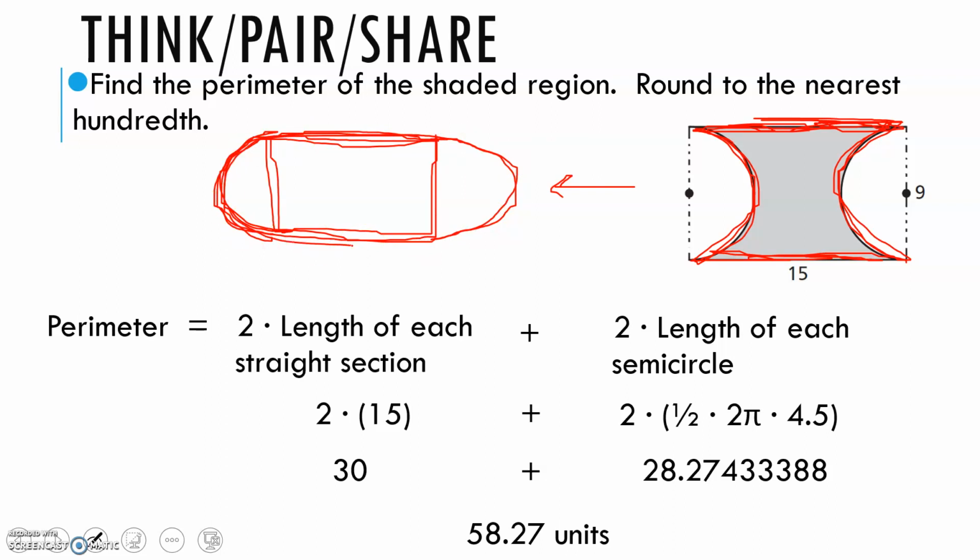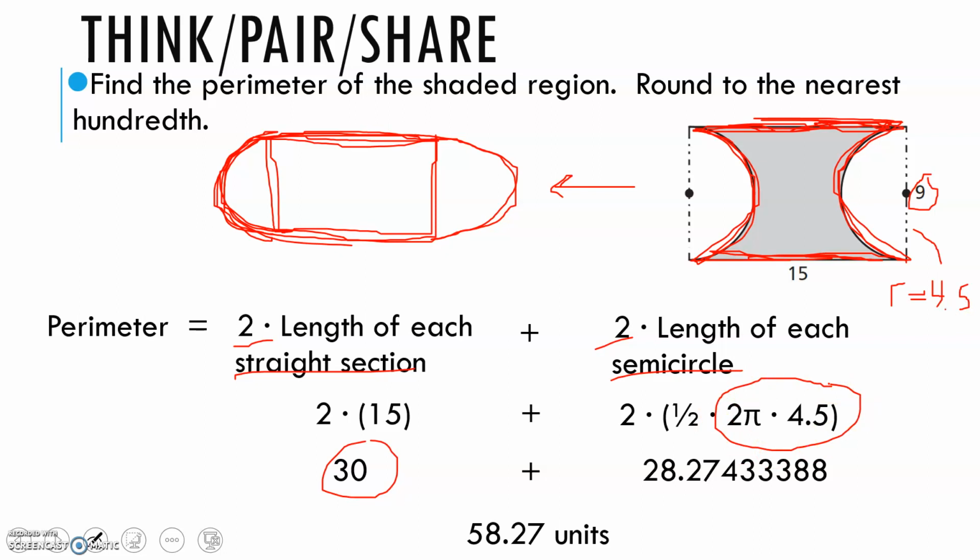With that said, you have 2 straight sections that are 15 units apiece, which gives you 30. You have 2 semicircles. Now, if you look at the way the 9 is placed, that is right in the center, which means the radius is 4.5. So here, 2 pi r, 2 times pi times 4.5.